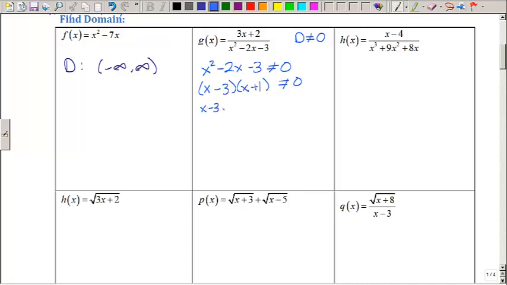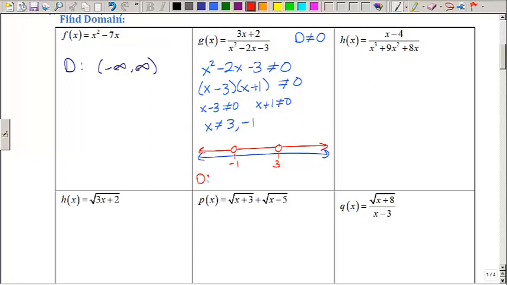I can solve: x minus 3 can't be 0, x plus 1 can't be 0, so x is not allowed to be positive 3 or negative 1. What can x be? Well, everything else, everything on my number line except negative 1 and positive 3. So I'm going to punch out little holes there using my open circles, and I'm allowed to use all the values on the number line as long as they don't include negative 1 or positive 3.